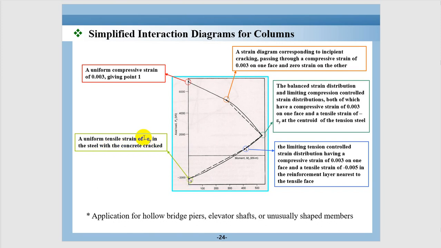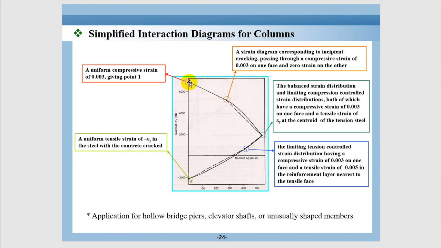So when you have a tensile strain, your concrete is very weak and vulnerable with the tensile strength in the section. So when you have a minus epsilon y, where you have a tensile section on the column, then your column will be immediately cracked, and this point indicates that.